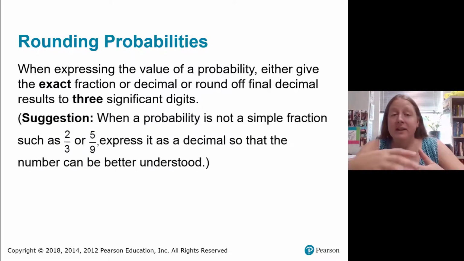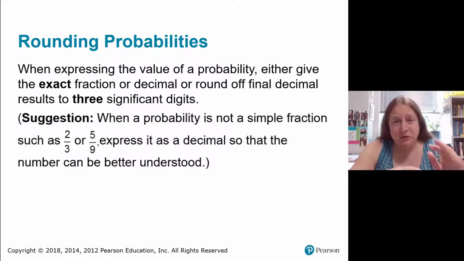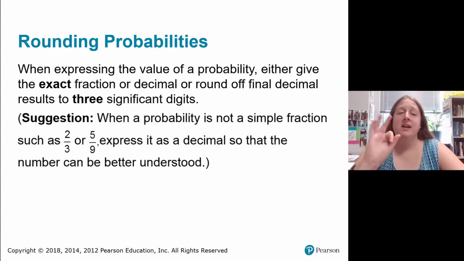All right, rounding probabilities. So when we're expressing things as probabilities, we want to give exact fractions or decimals that are rounded off. For our final decimal results, we want to give 3 significant digits. All right, so that might look like different things. This is significant digits, just like you've seen in any science class. You'll count significant digits the same way. 3 significant digits is what we want.